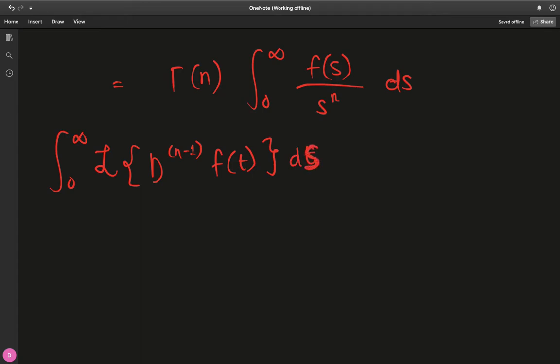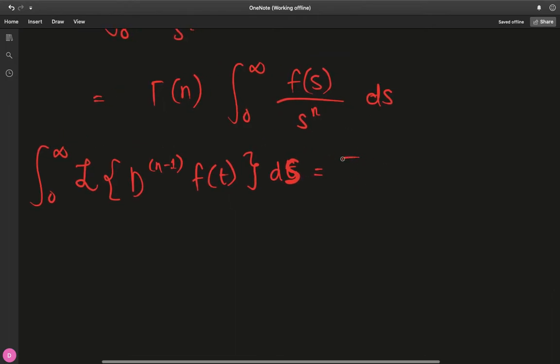Yeah, ds. It was ds. And this is now equal to, we just calculated everything, gamma of n times the integral from 0 to infinity of f of s divided by s to the n ds.